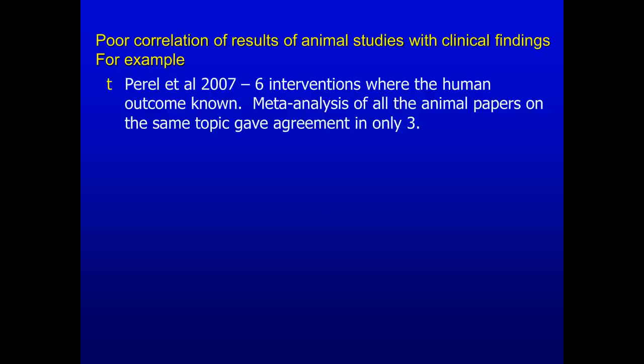And it's come out several times as people have been looking across different groupings and end results. One of the first ones was Perel et al., which are looking at the correlation between an outcome in animals and an outcome in humans.